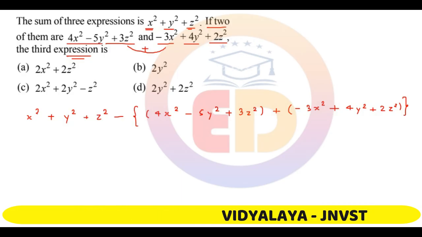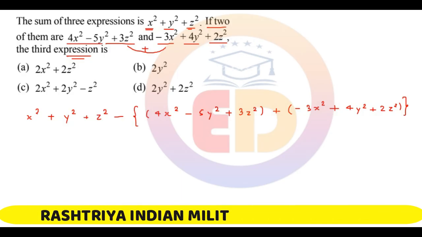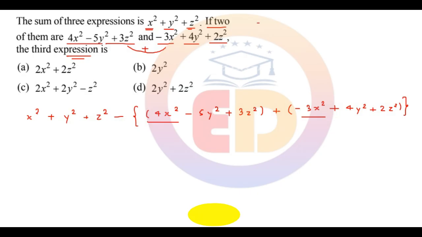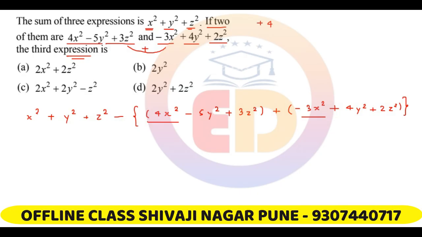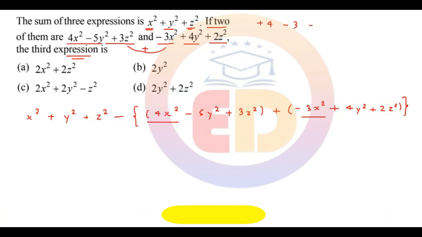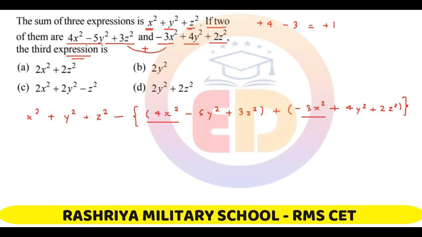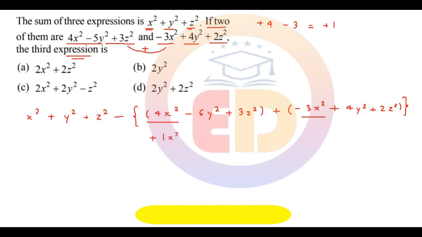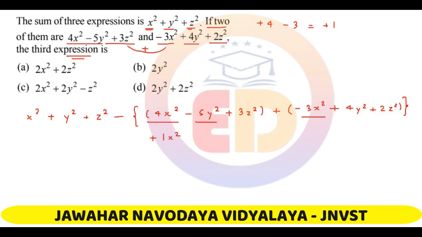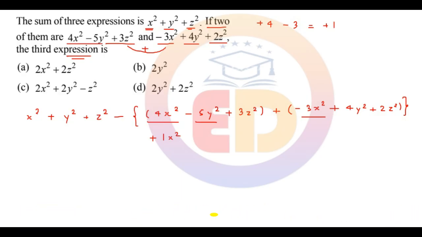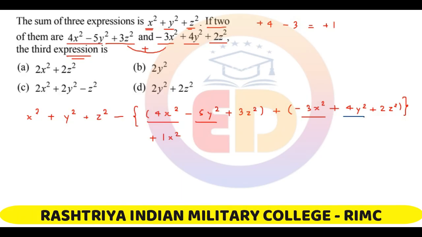Let's look at the like terms. This is plus 4x square, this is minus 3x square, plus 4 minus 3 is plus 1, so it will be plus 1x square. This is minus 5y square, this is plus 4y square, minus 5 plus 4.